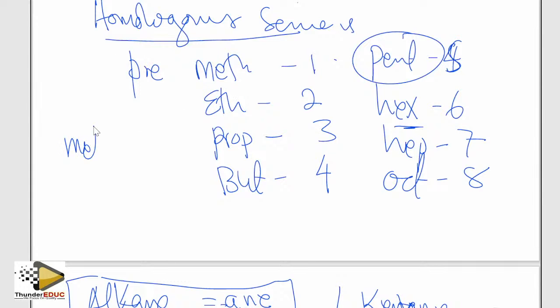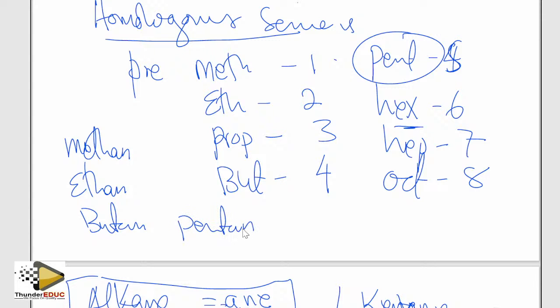We stop with methane, ethane, propane, butane, pentane, and then hexane, heptane, octane. So you stop there.